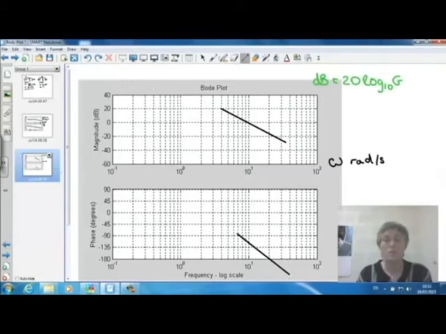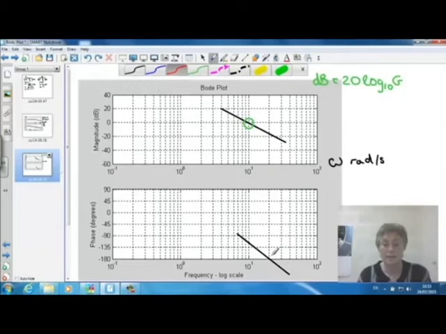Okay, so the two important points on our graph are the point at which the gain crosses 0 dBs and the point at which the phase crosses minus 180 degrees.